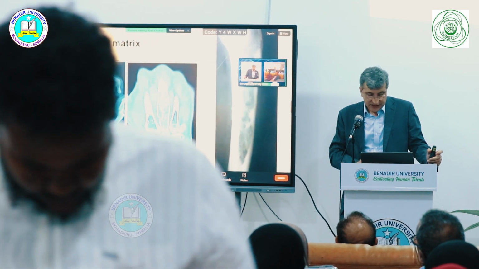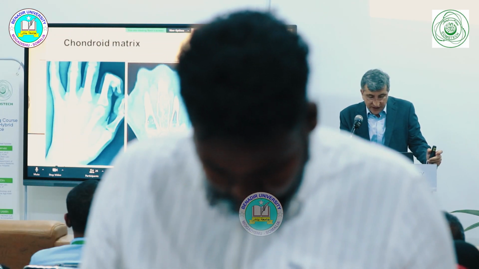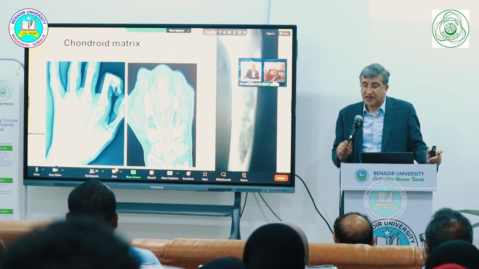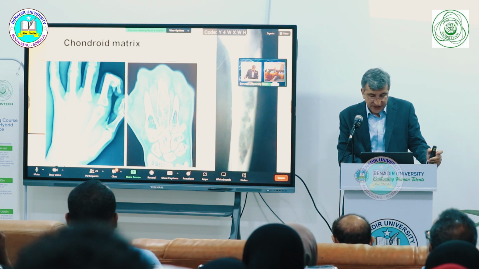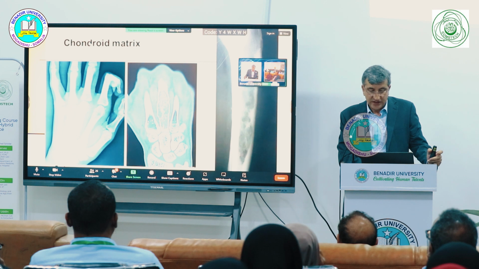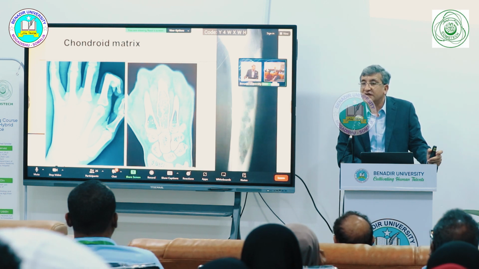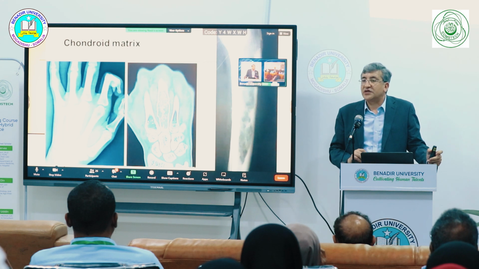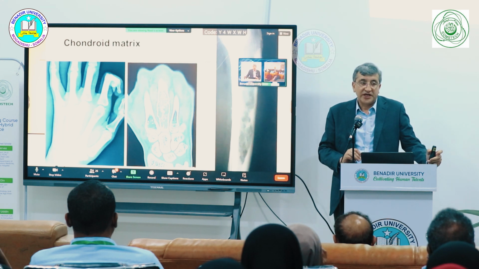Chondroid matrix is actually calcification occurring in the cartilage, which gives this type of matrix. Which tumor is this one? Enchondroma.